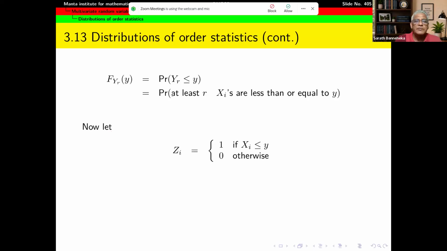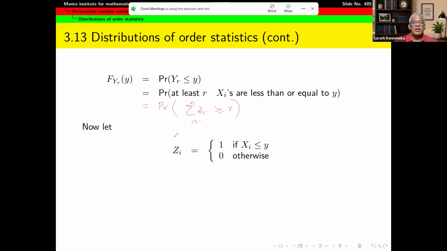Therefore, the probability that at least r of the Xi's are less than or equal to y, I can write down using these Z's. That is the same as the probability that the sum of Zi, i from 1 to n, which is a random variable, is greater than or equal to r.